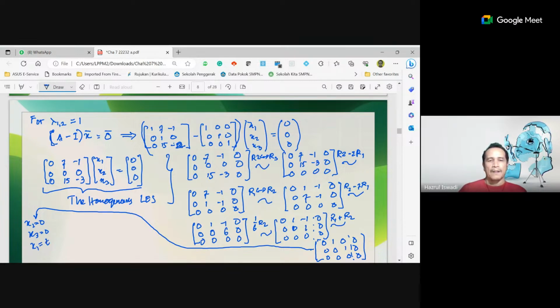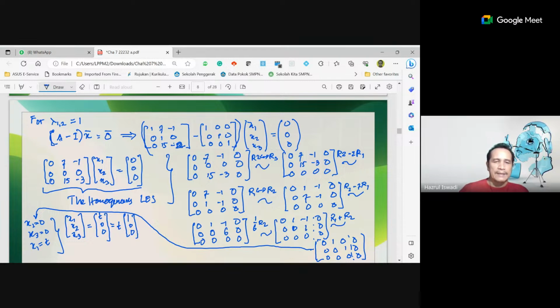And then we make it in order, x1, x2, and x3. So we have t, 0, 0. And extracting t from these vectors, we have t times 1, 0, 0.